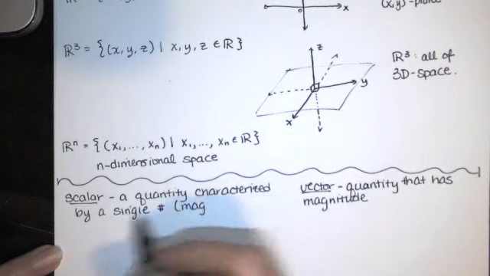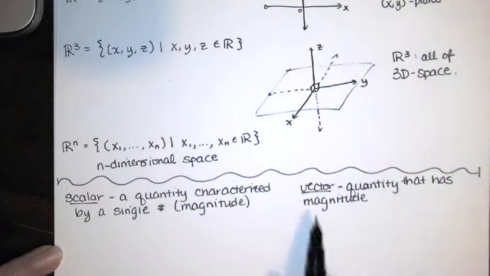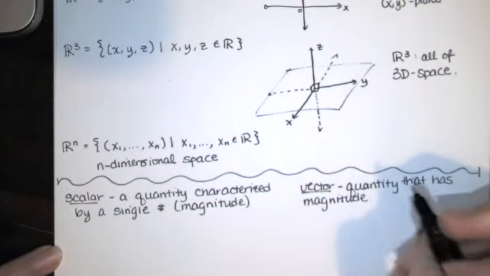We can think of a scalar as being characterized by a magnitude only, but a vector is a quantity that has a magnitude and a direction.